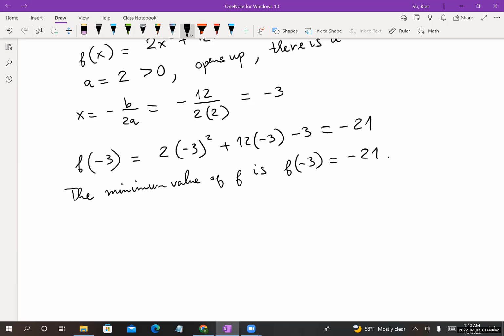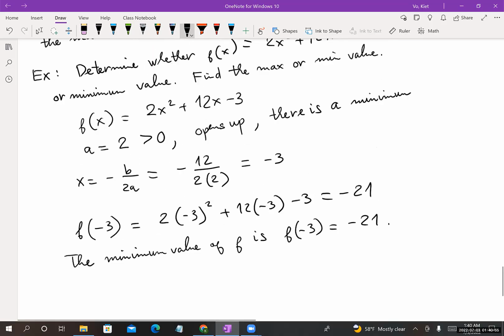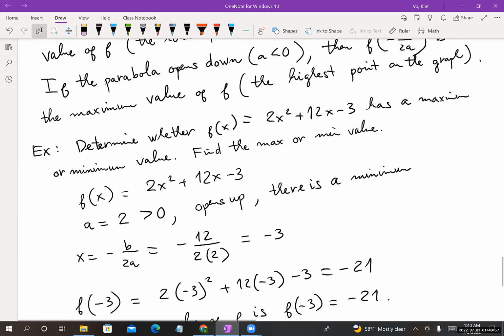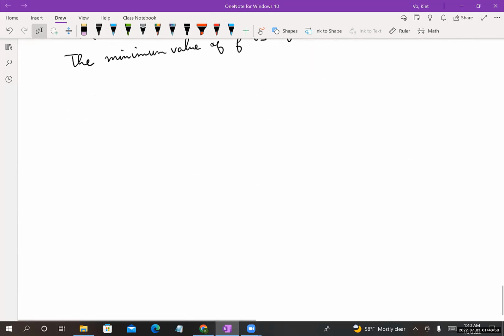We also talked about the interval on which the function is increasing or decreasing before. So we could do an example with that for a quadratic function. And for a quadratic function, you can see that there's only two kinds of behavior.